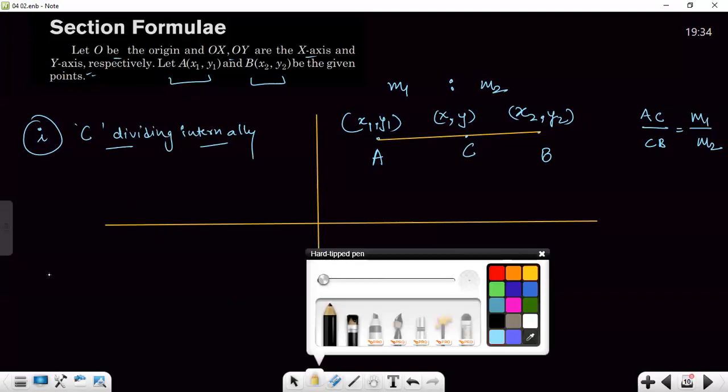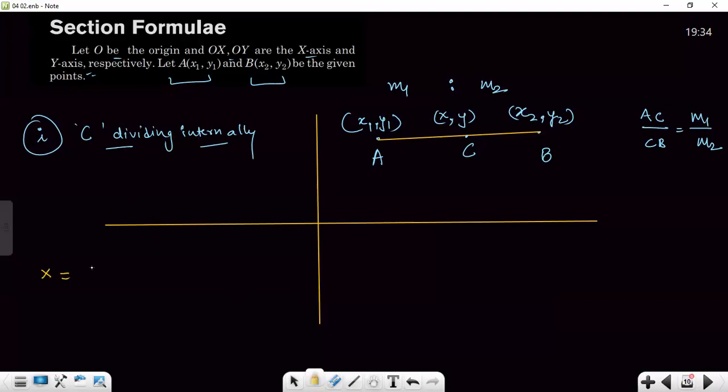So the formula for the x coordinate is m1 x2 plus m2 x1, crisscross, divided by m1 plus m2, that is, m2 x1 plus m1 x2 divided by m1 plus m2.